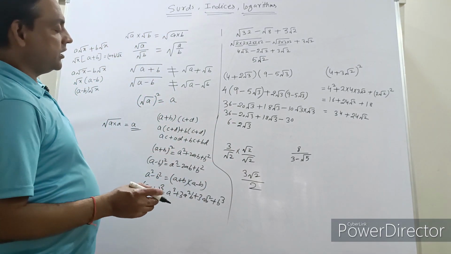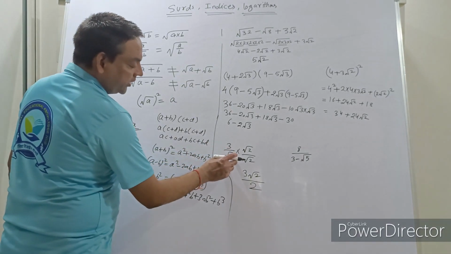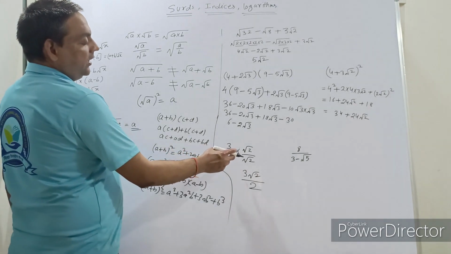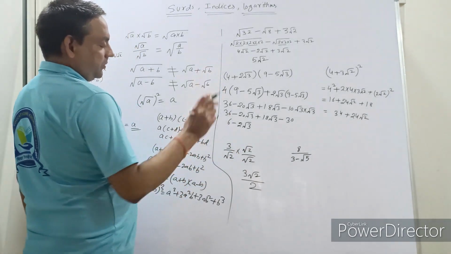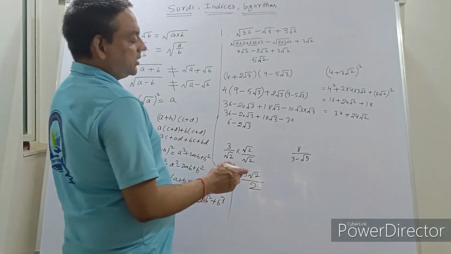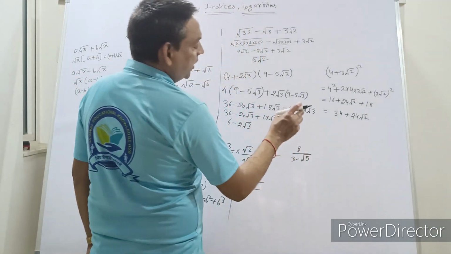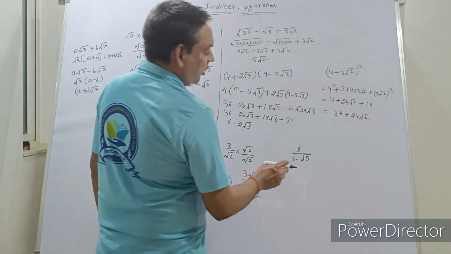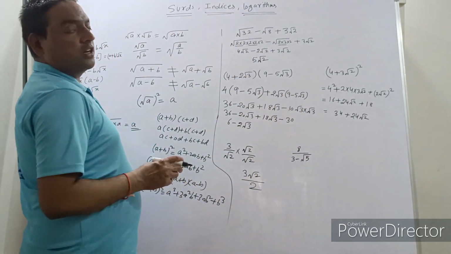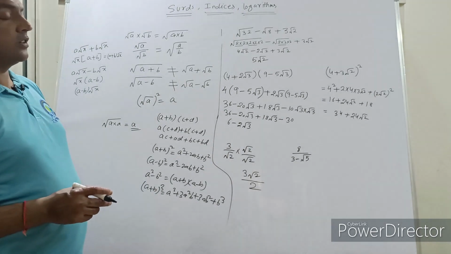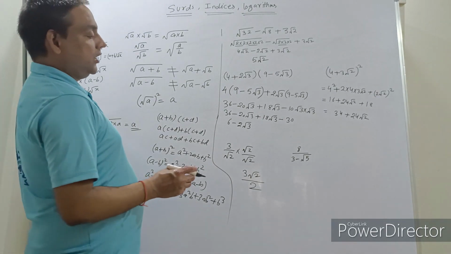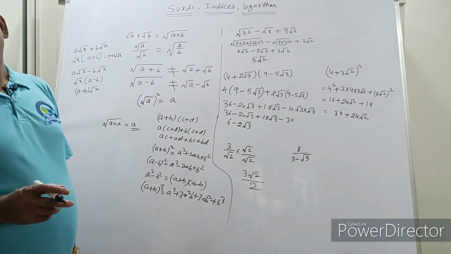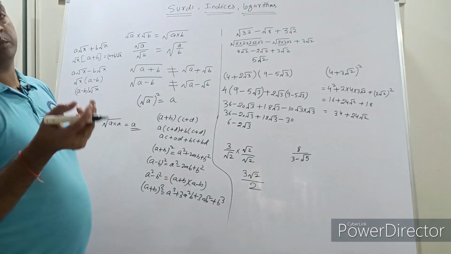So for a simple case, if the denominator has only one term without plus or minus, we multiply and divide by the same number. Now for the other sum, here again we have to do the same thing. What do we have to do here? Rationalize the denominator. But here we have more than one term. We have two terms given, 3 minus root 5. So whatever they give in the denominator, we take the conjugate of that.